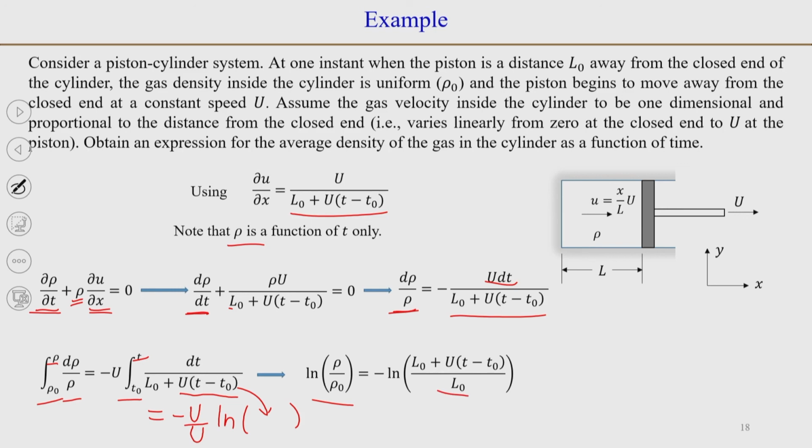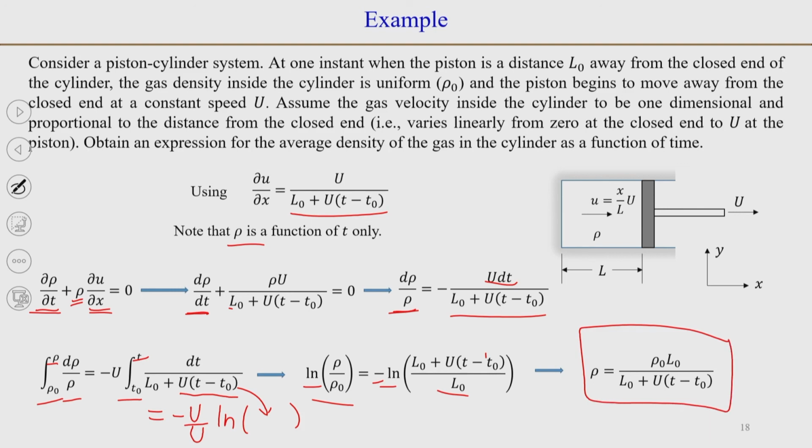You have ln on both sides and a negative sign, so the term is reversed. So rho by rho naught is equal to L naught divided by L naught plus u times t minus t naught, or rho is equal to rho naught L naught divided by L naught plus u into t minus t naught.